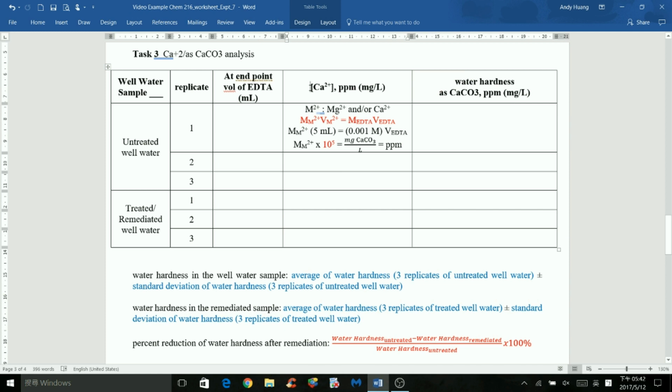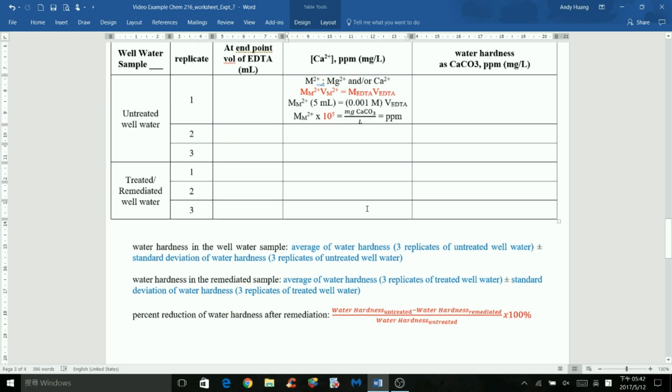So actually here, it's not just calcium 2 plus. It should be calcium 2 plus and / or magnesium 2 plus. But again, it should be mostly calcium 2 plus. But we don't want to exclude magnesium 2 plus. Just a little bit of background information.